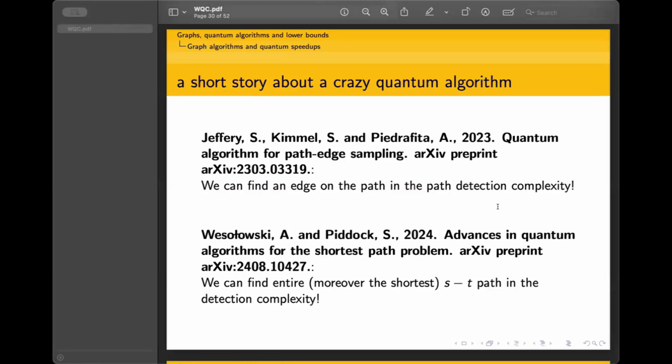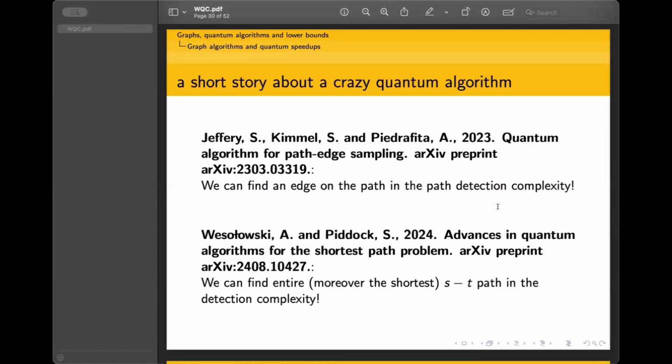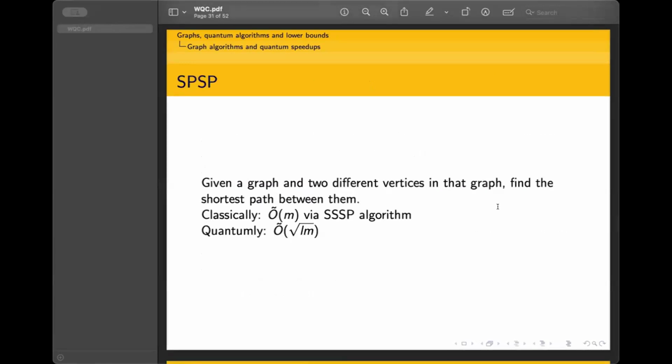Okay, so going back for a second. As you can see here, the claim is that we can find the entire shortest path between S and T in some very low complexity, right? Which is the detection complexity, this square root of Lm. If you look at it from another perspective, classically, you cannot find a shortest path between two vertices in your graph without finding essentially all other shortest paths.